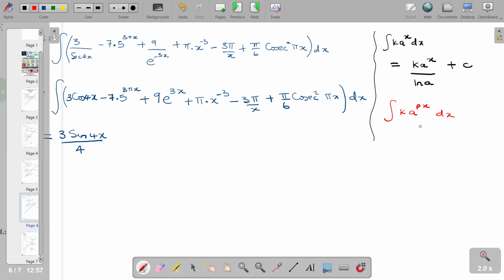It will mean that this will be equal to k a to the power px divided by p multiplied by ln a. So if we apply that here, we are now going to have minus 7 multiplied by 5 to the power 3 pi x all over 3 pi ln 5.